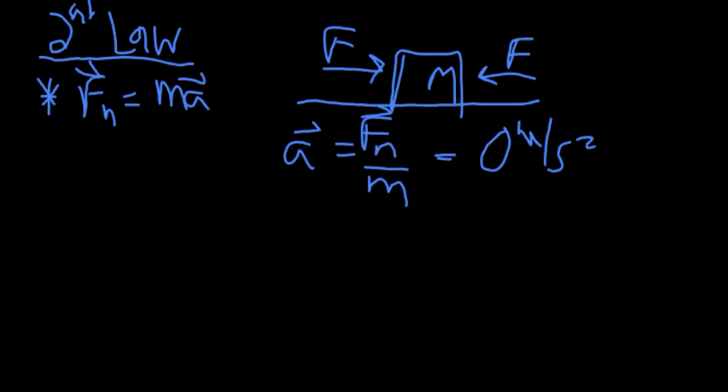But even though there are two forces acting, this box could still be moving. It could be moving with a constant velocity in either one of these directions. Unless you're told otherwise, it could be moving to the left, right, or it could not be moving at all. We just know that it has an acceleration of 0 meters per second squared.